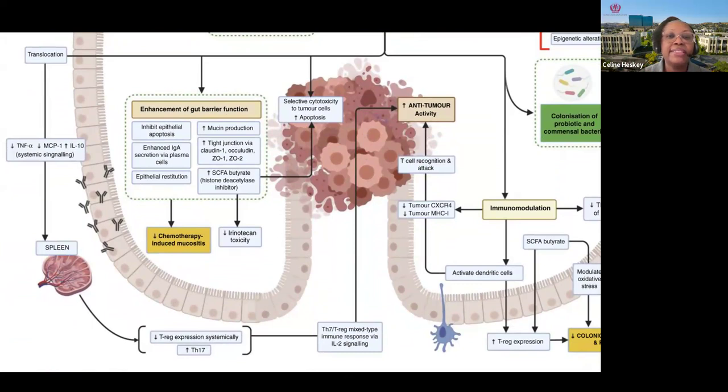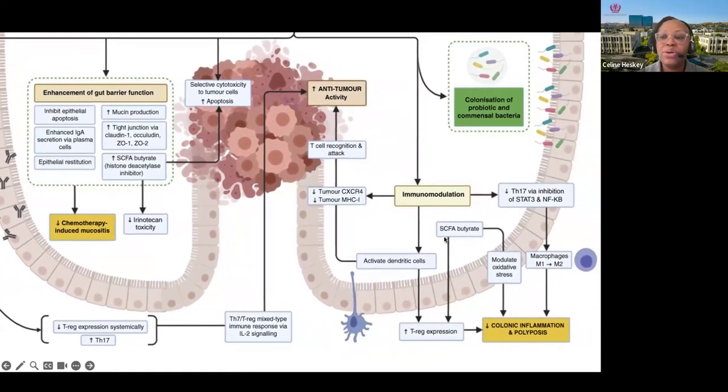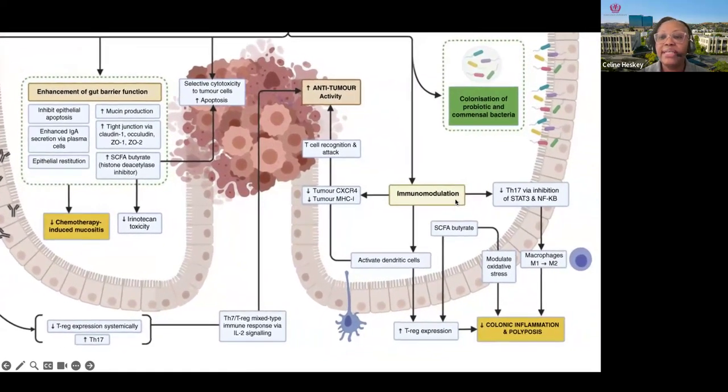And by enhancing the gut barrier, we're able to decrease the risk of cancer, and it can also help to improve treatment, as I'll discuss briefly. And then when we go over here, we see that by colonizing good bacteria in a number of different ways, that can also improve immune function, which can also decrease stress, inflammation, and so on, that could trigger cancer.